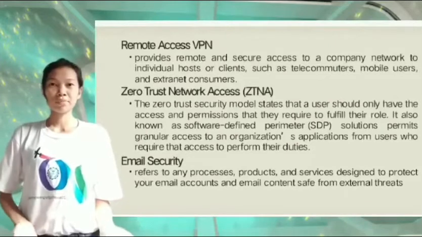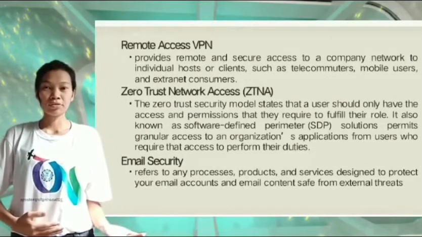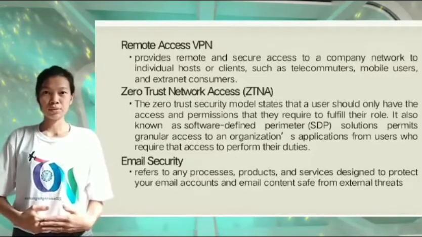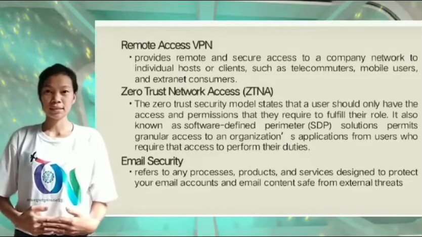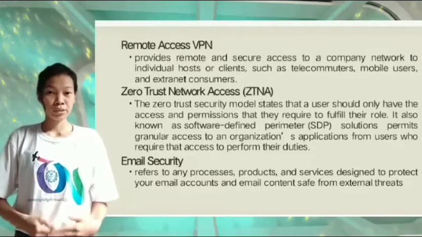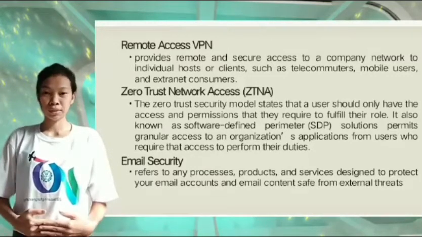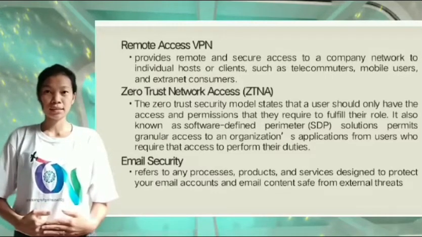Here are some examples of network security. Remote Access VPN. It provides remote and secure access to a company network to individual hosts or clients, such as telecommuters, mobile users, and extranet consumers. The second one is Zero Trust Network Access.